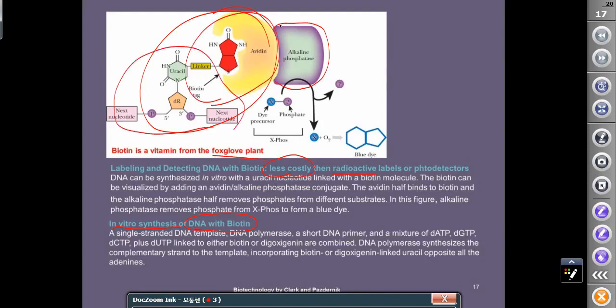So you can link this protein, and this protein is phosphatase. Phosphatase, what does it do? This digests phosphate. Phosphate is here. This protein breaks this bond eventually. And X, you have to remember, X here in biology is usually the blue dye.